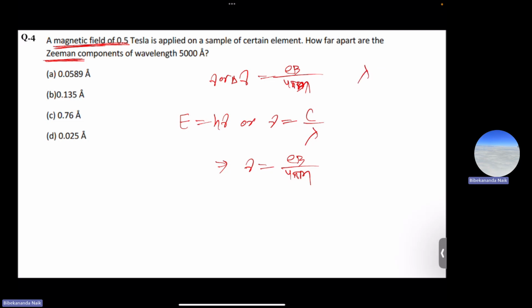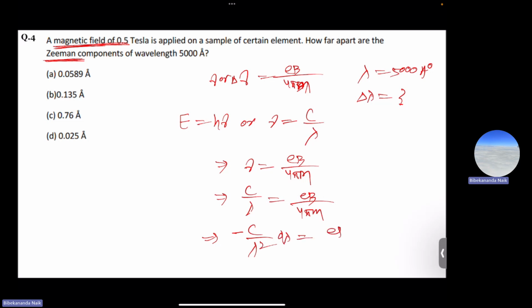Lambda is given to us, 5000 Angstrom, and we need to find delta lambda. So nu is eB by 4 pi m, that implies c by lambda equals eB by 4 pi m. So minus c by lambda square delta lambda will be eB by 4 pi m c.